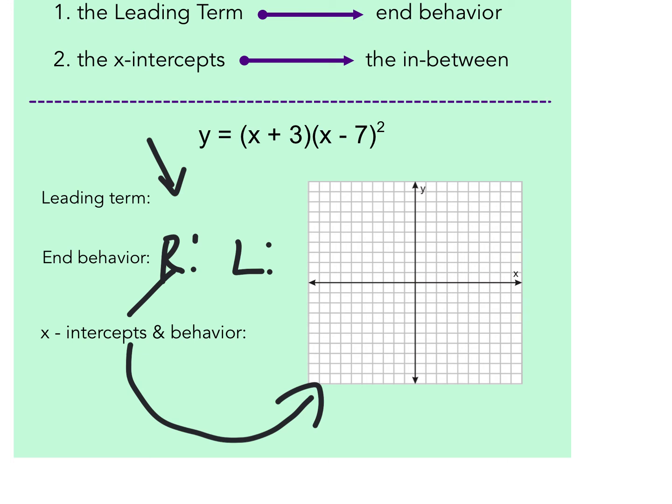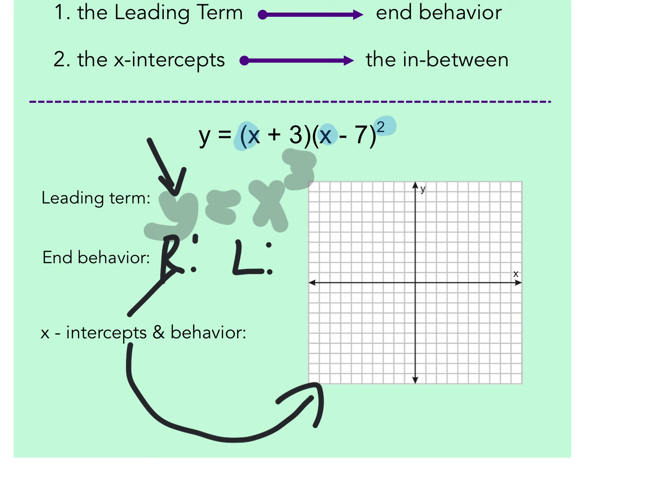Row 6. Middle person. Taylor, that's you. Tell me the leading term. That's when you take this, this, and this. Maybe you missed one of those. There it is. X to the third. Then that tells you the end behavior.